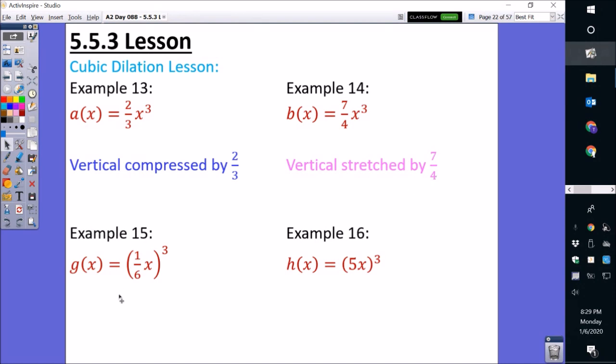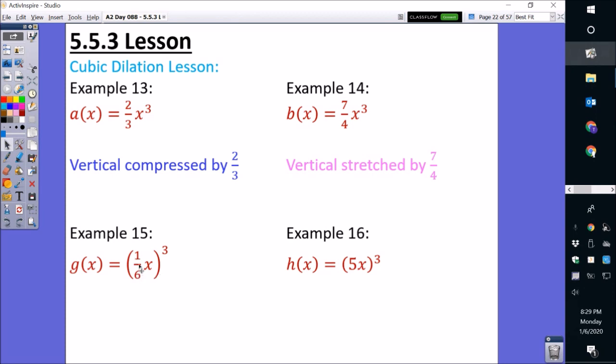All right, now example 15, we have g of x equals the cube of 1 over 6 x, or 1 over 6 times x. Now here, since we do have the visible parenthesis, because 1 over 6 is inside the outer parenthesis in front of x, it's going to be horizontal.